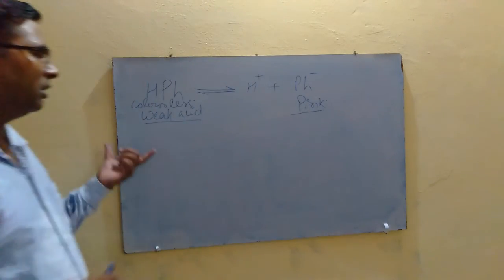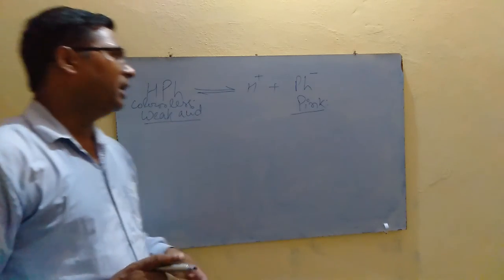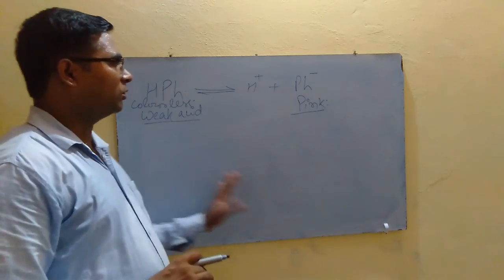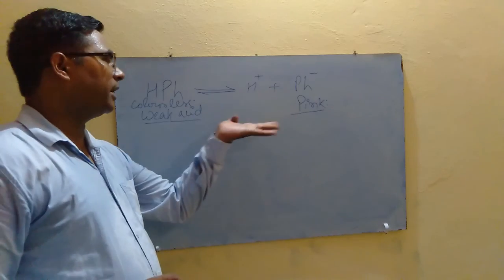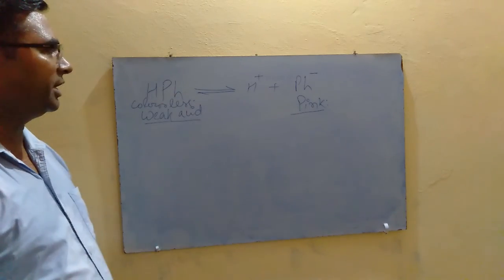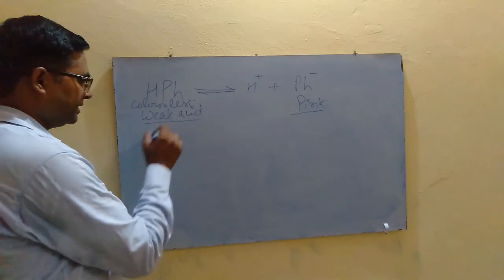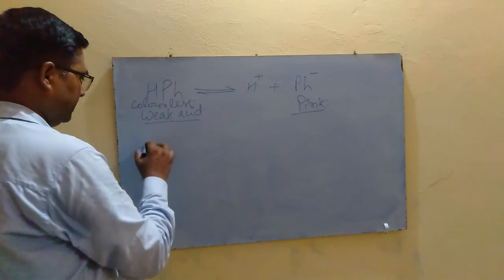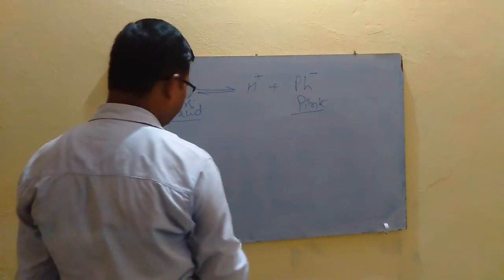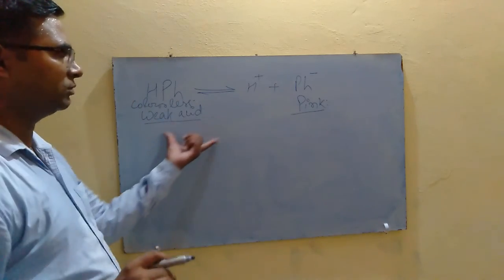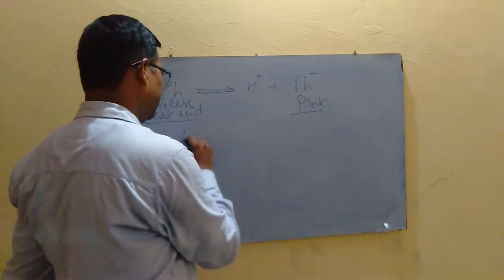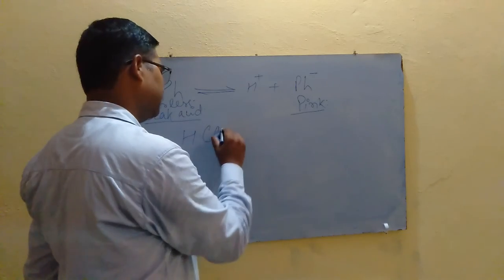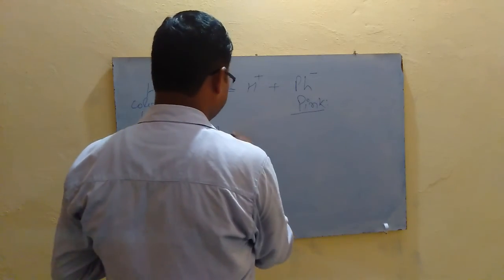Now we will see the effect of acidic and basic solution on the ionization and color of phenolphthalein indicator. First we will see what will happen if the solution is acidic in nature. Suppose the solution is acidic, it means the concentration of H plus ion in the solution will be more. Suppose it is HCl.